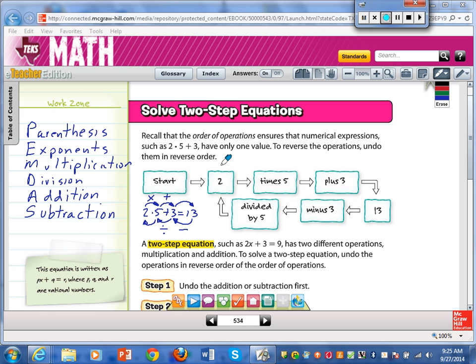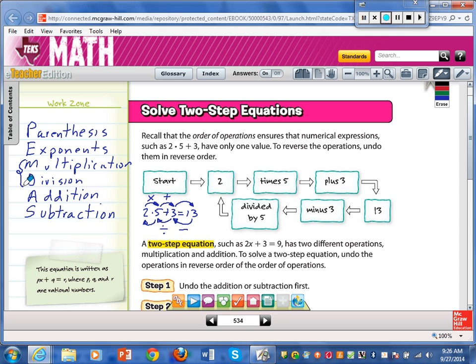If you remember PEMDAS, you know this is the order of operations: first do anything in parentheses, then exponents, then multiplication and division, whichever comes first, and lastly addition and subtraction. This is what you have learned so far when you solve operations or expressions like this.